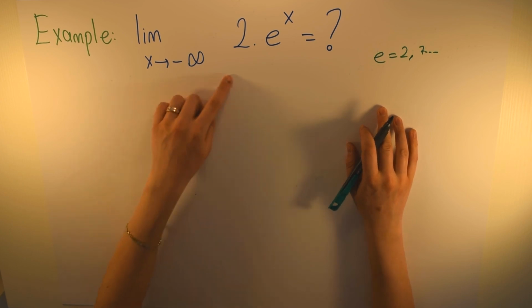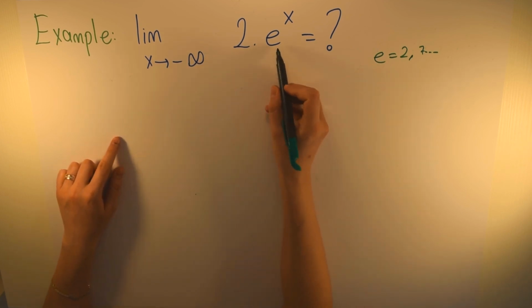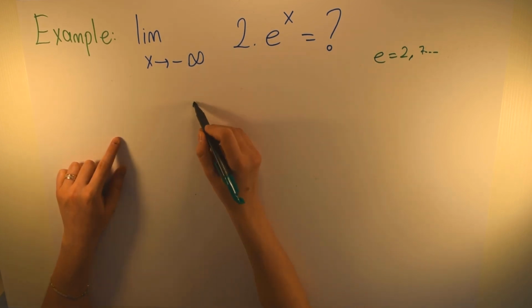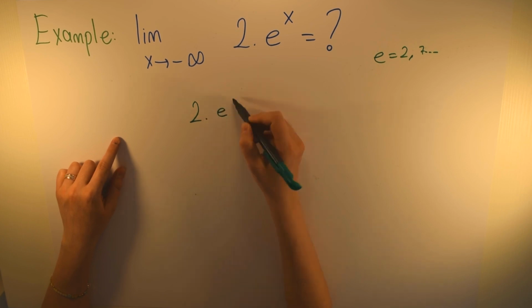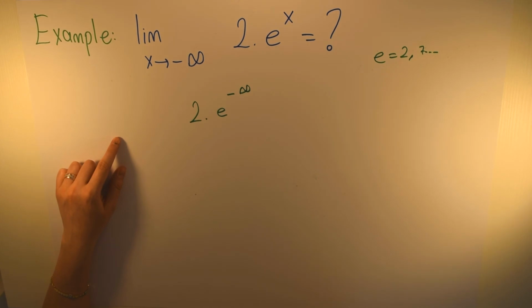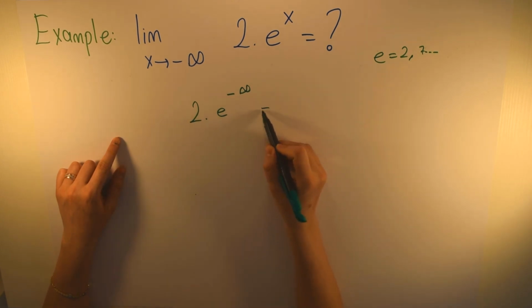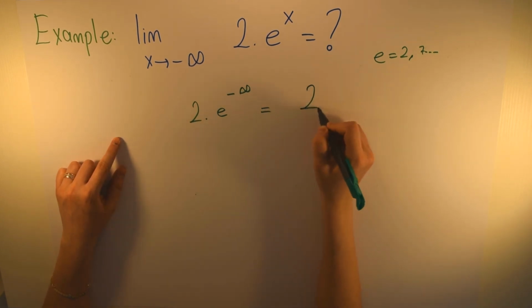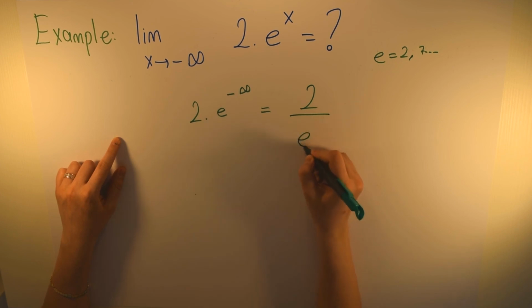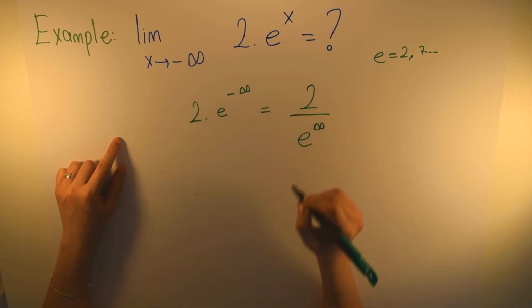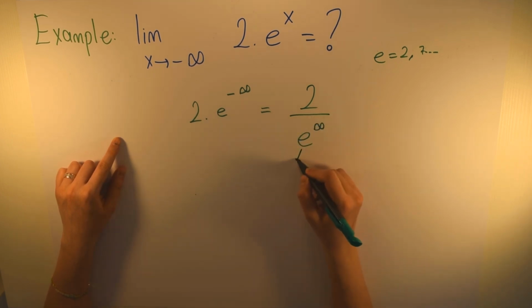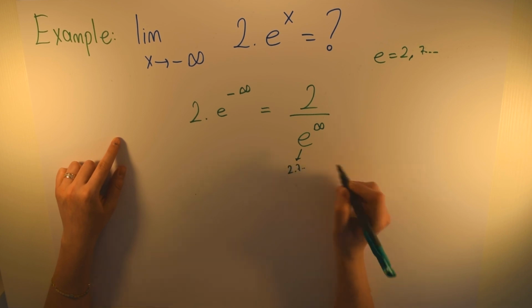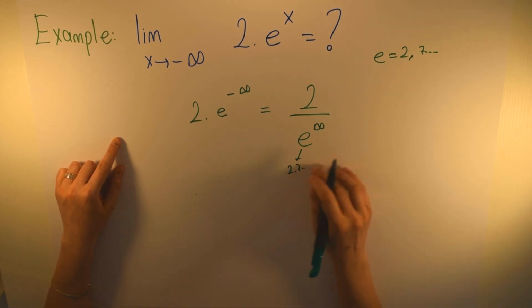So when it comes to our question, 2 times e to the power of x. So this is 2 times e to the power of minus infinity, right? So how can I rewrite this? This is also equal to 2 over e to the power of positive infinity. So here e, we said that it's 2.7 and something, it goes like this.